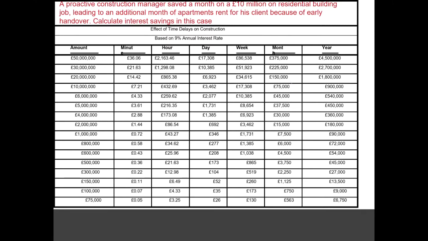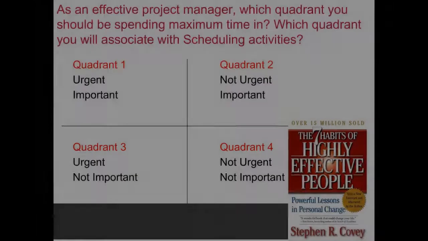By completing the project 1 month ahead of schedule, interest savings alone would be 75,000, and this is on top of the additional rental income which has been generated by the client. So a key message here is that time is money, and it is very important.